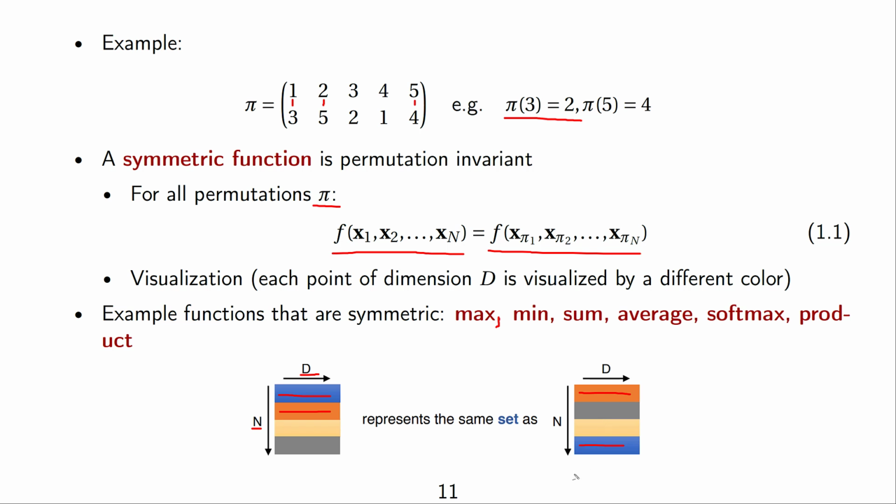So for example, let's take this visualization on the right. What we would like to do is, for example, we have the max. We want to compute one maximum value for the first dimension, one maximum for the second dimension, and so on and so forth, until we have one maximum value for the dth dimension.